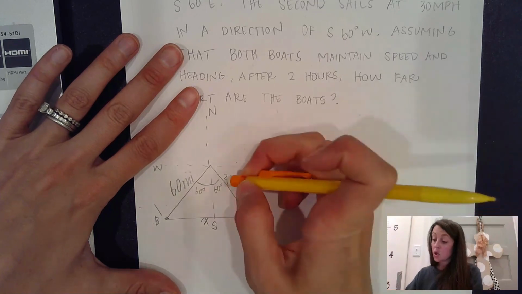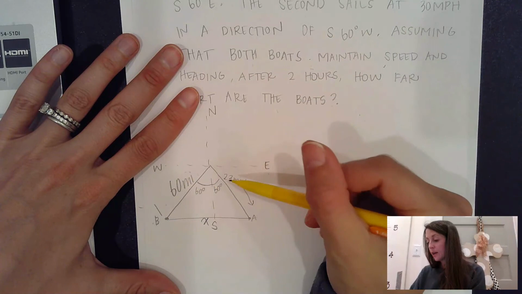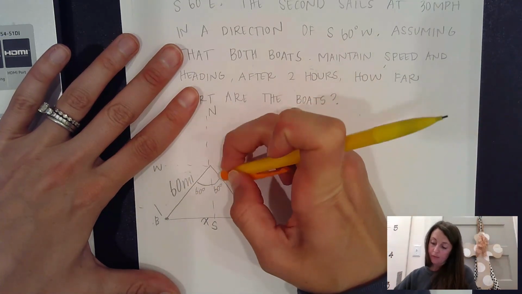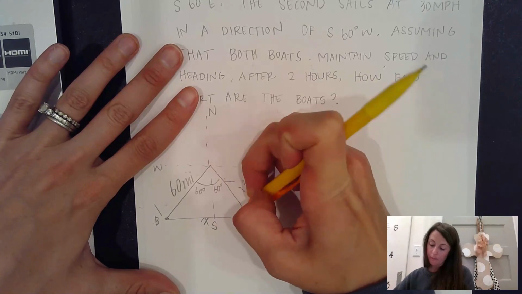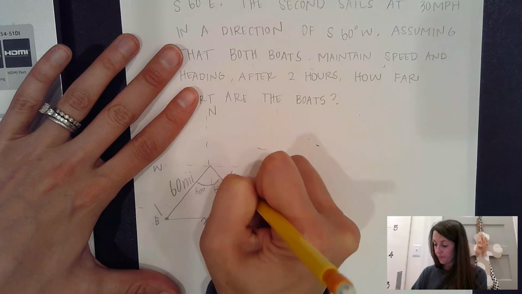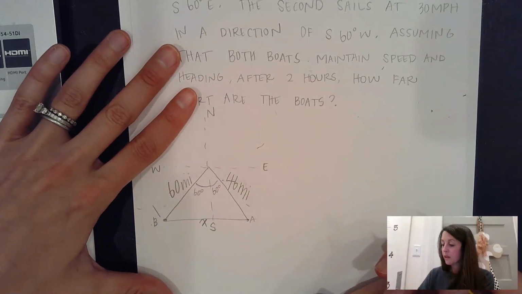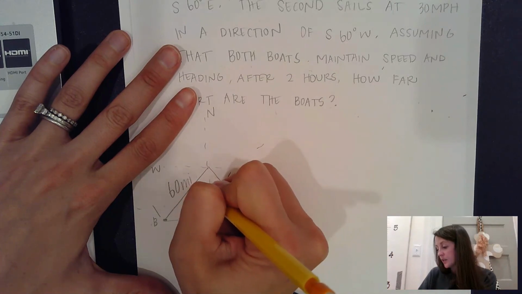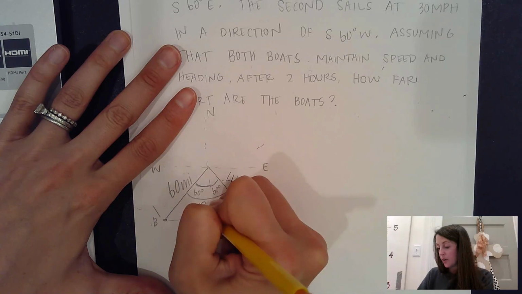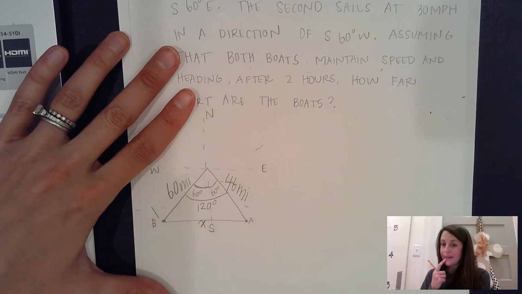Because 2 times 30 is 60 miles. So 2 times 23 is going to be what? 46 miles. So we're going 46 miles this way. I know this is 60 degrees and this is 60 degrees, so that's a total of 120 degrees. So I know a side, an angle, and a side, so I can find my x.